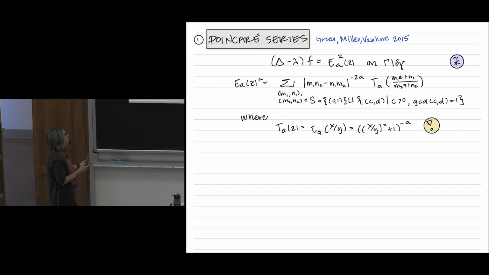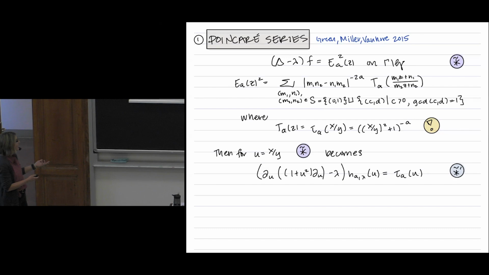And this is really going to be the trick here: rewriting this TA function as a function of z, where z is, of course, x plus iy. We can do a change of variables and think of this as a function of x over y that has this form.